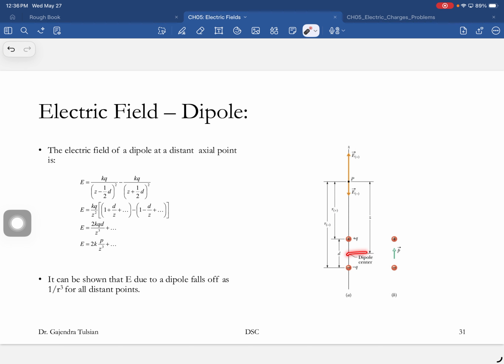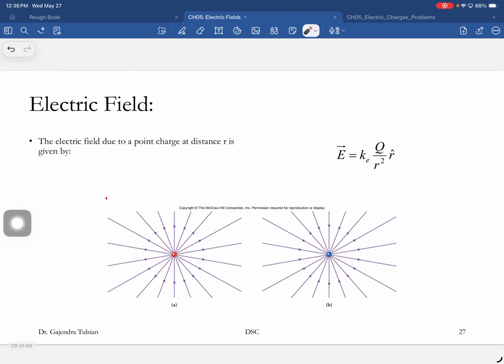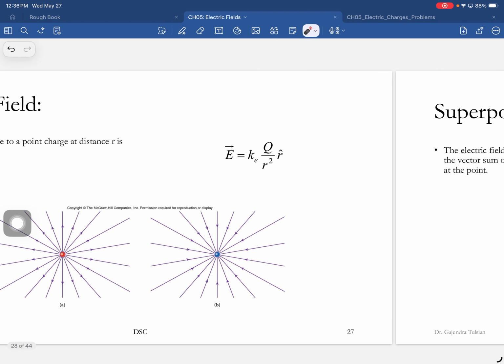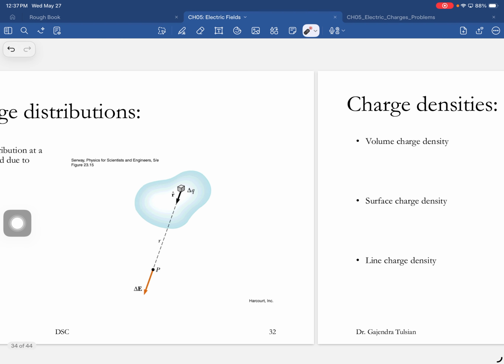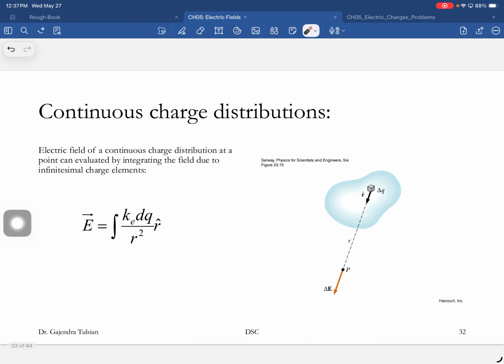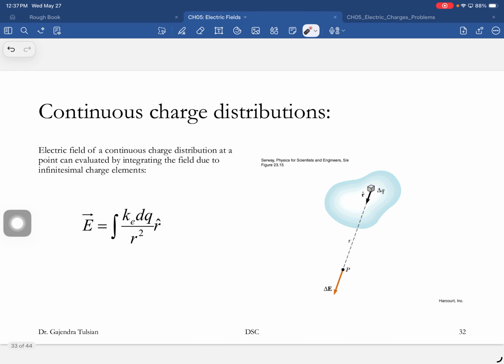Measuring distances from the center of the dipole, that's z, the electric field falls off as z cubed rather than the distance squared. So it's falling off faster from a dipole. Just keep that in mind.